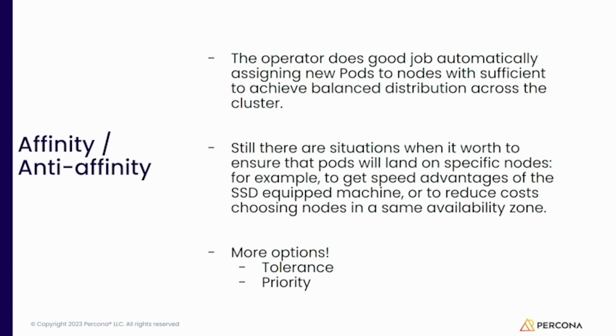Apart from affinity and anti-affinity, there is something called tolerance, which is not as strict as affinity. So let's say tolerance is, please try to do this. If you cannot match this criteria, then it's all good. Try do as best as you can. And last one, there is some concept called priority, which means basically that you set a priority for your different deployments.